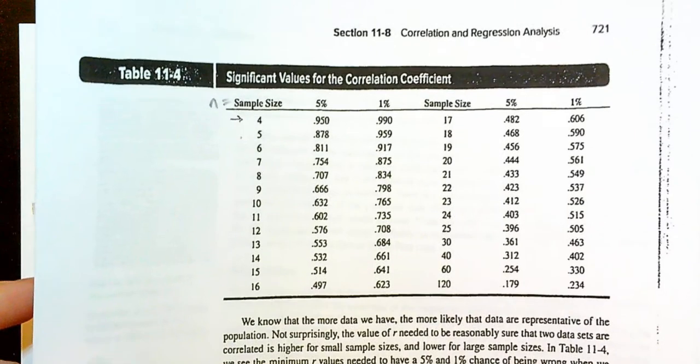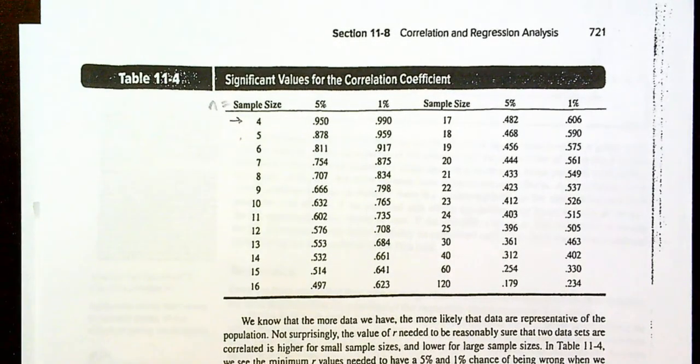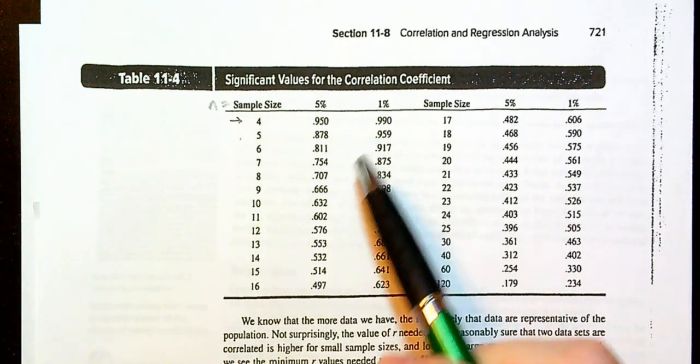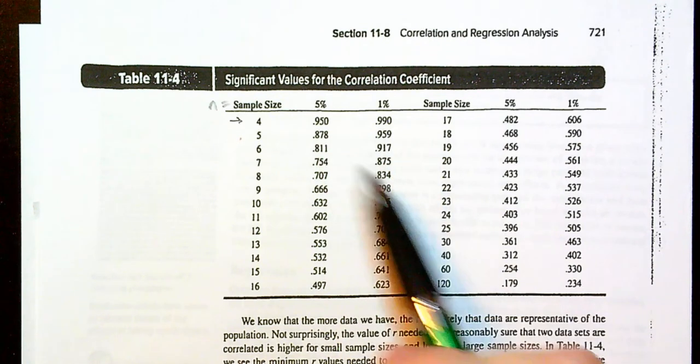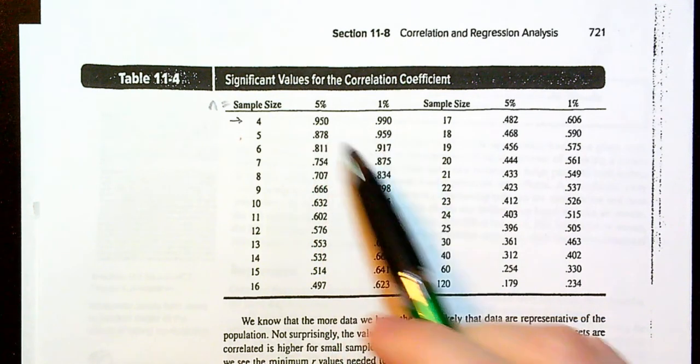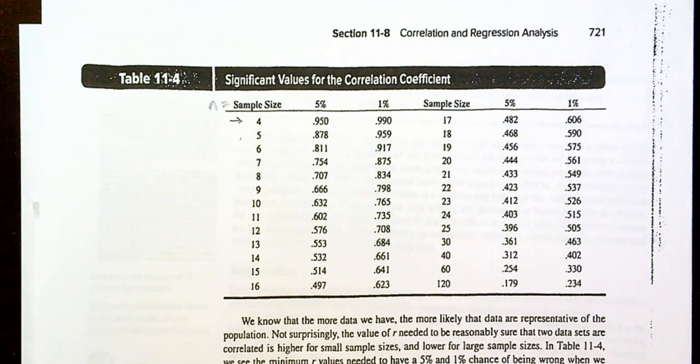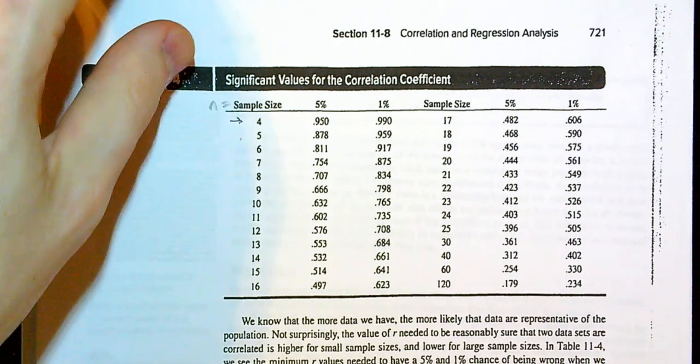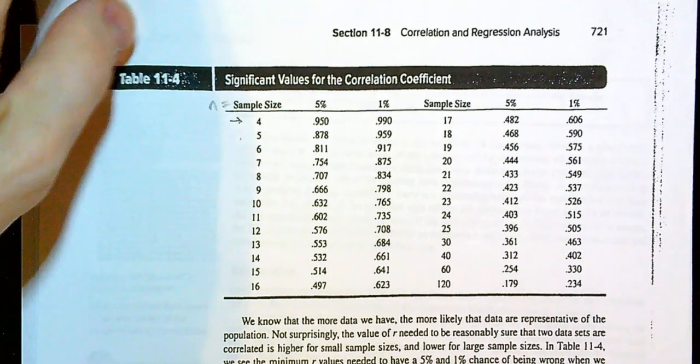Just to clarify, this table right here: if your R value is greater than or the same as either of these two numbers in the 5% significance or the 1% significance columns, then you can be really sure, with almost no doubt in your mind, that these things are indeed linearly related.